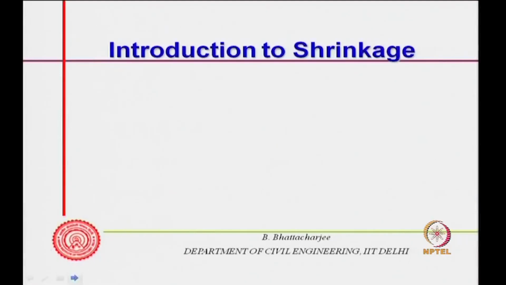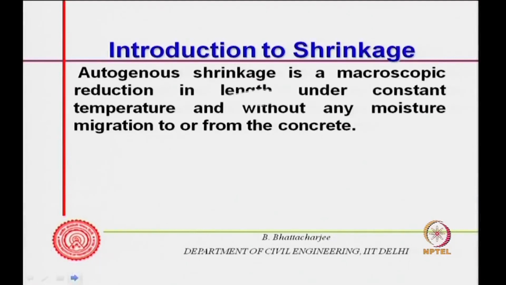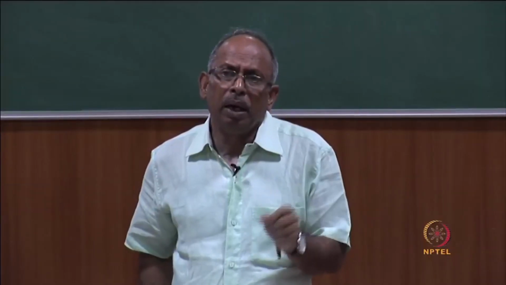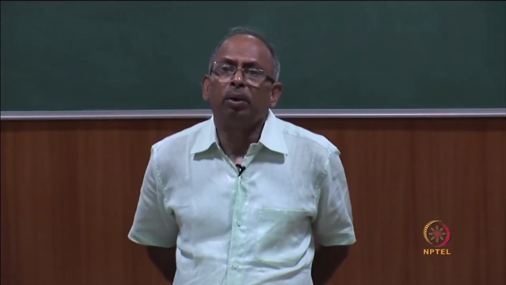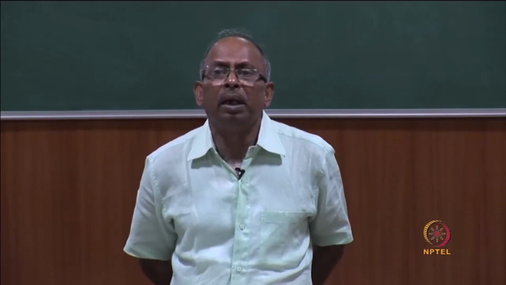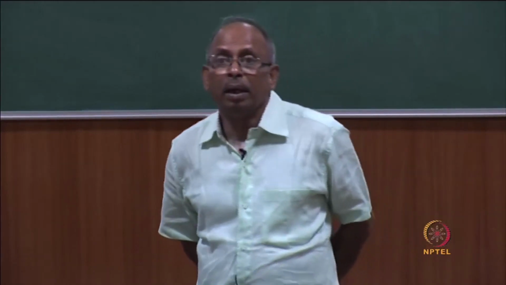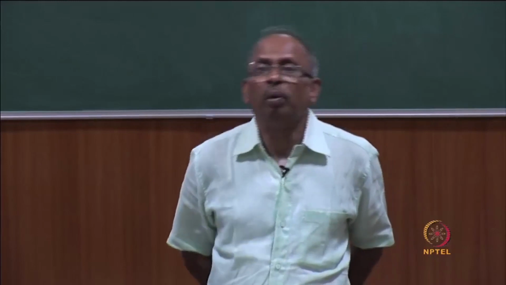Then there is something called autogenous shrinkage. Now, some volume change occurs, also at a relatively early stage. It is a macroscopic reduction in length under constant temperature and without moisture migration to or from the concrete.